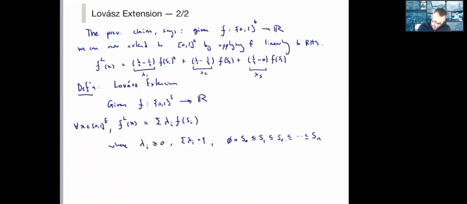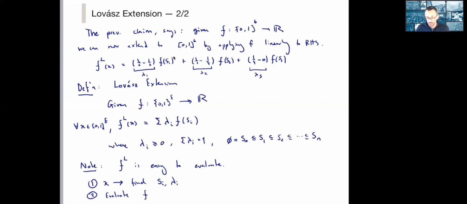So the one thing to note, which again we get from the previous claim, is that f^L is now easy to evaluate. What do we need to do? Given x, we need to find this chain and the corresponding values lambda_i, and that's easy. Then we just need to evaluate at most cardinality of E evaluations: f of S0, f of S1, etc., f of Sn.